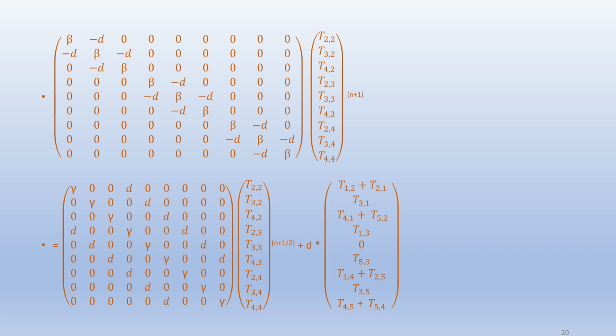Again, here the temperatures at the n plus 1 time step are the unknowns, and the temperatures at the n plus half time step, which is the previous half time step, are known. And the right hand side vector represents the boundary conditions.